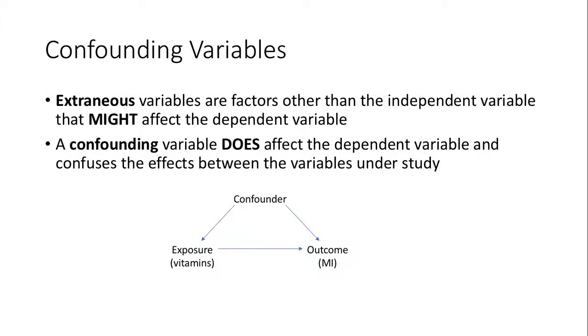But maybe it's not necessarily that the vitamins caused the outcome, but some other confounding variable. Maybe gender also has a relationship with how somebody may or may not take vitamins. Maybe more women are more likely to take vitamins than men. I'm just making an example. And likewise, maybe men are more likely to have a myocardial infarction. So gender in that case could be considered a confounding variable.